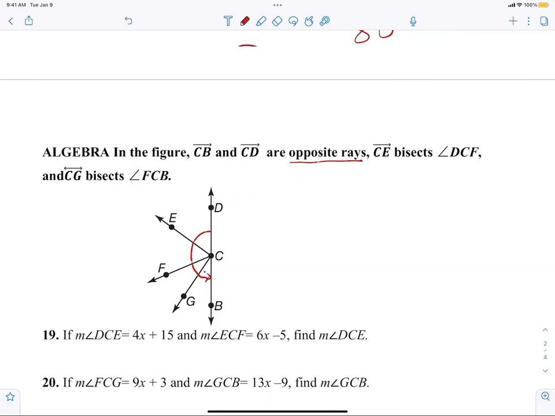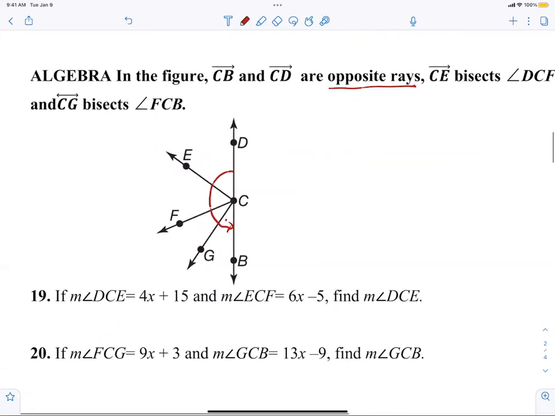And for some strange reason, they just decided to make it 360. If I was in charge, I would have just made it what? 100. All right, it would be much easier. But they decided to make it 360 simply because lots of numbers are divisible by 360. So with that being said, opposite rays just mean that it forms a line. And because it forms a line, we know that that is 180 degrees.